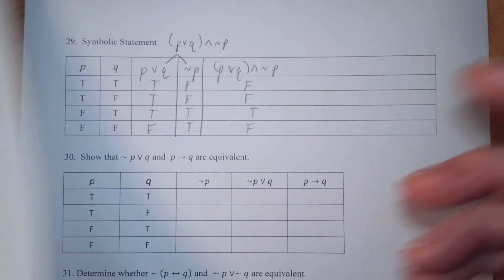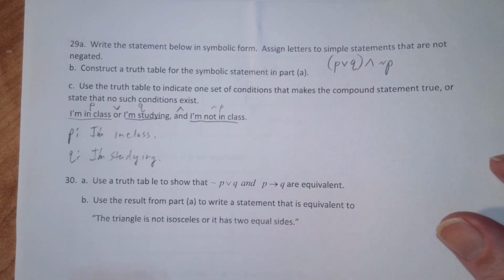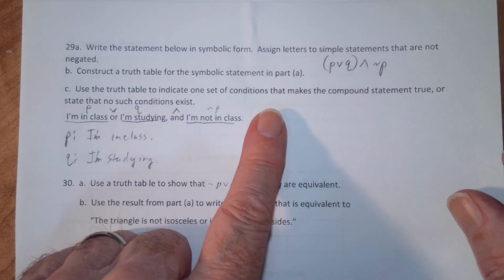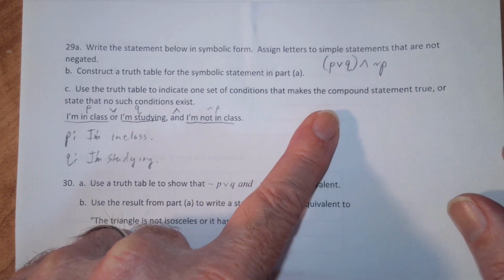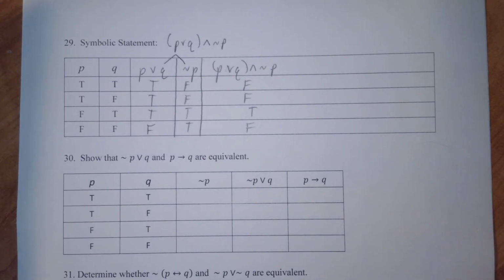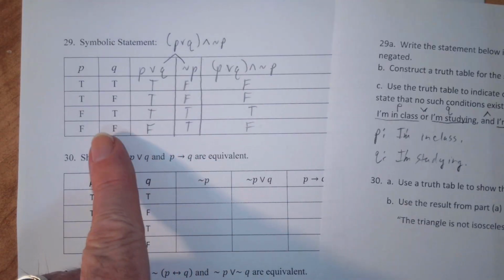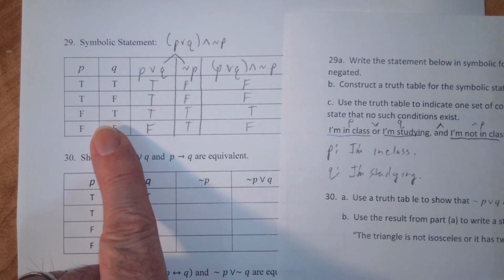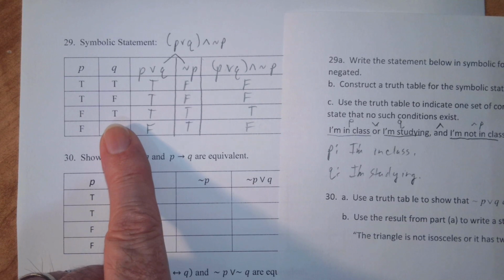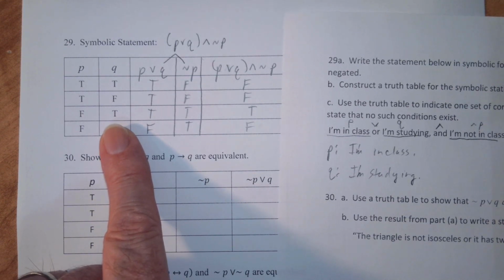Now, if you go back to the question, it said we need to find one set of conditions that makes the compound statement true or state that no such conditions exist. So that would be this case here when P is false and Q is true. So I'm going to go ahead and answer C here.